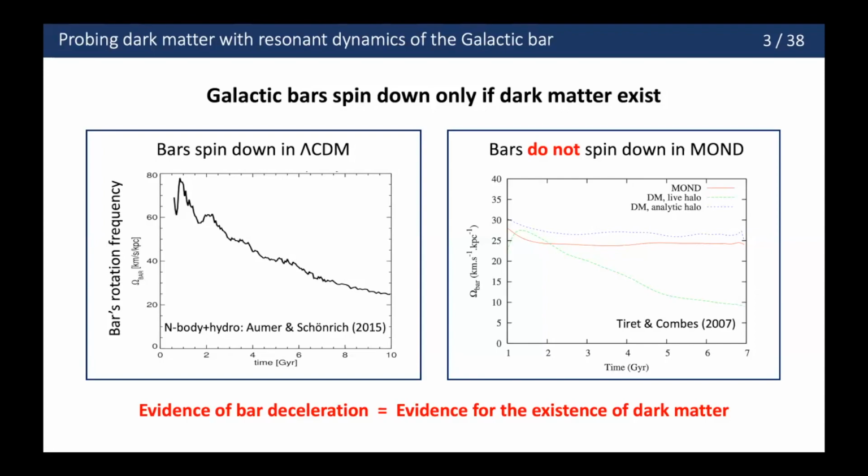So the bar is only exchanging angular momentum with the baryons, but in a Newtonian way. And here you can see that the change in the bar's pattern speed is, I would say, at most 10% level. So it's much smaller than the friction that we expect from dark matter.